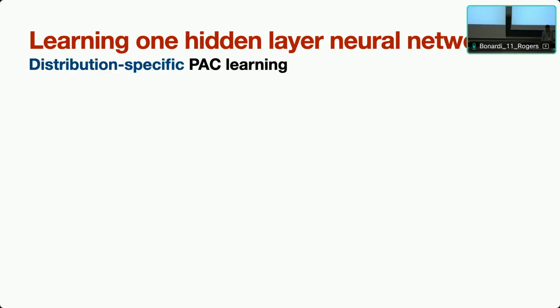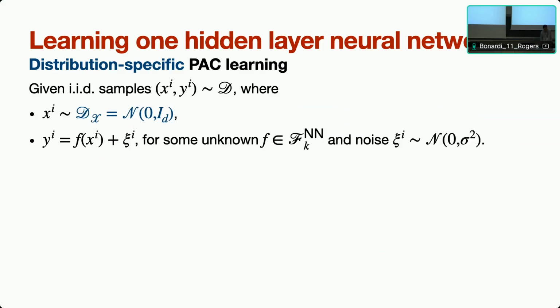And let me also formalize our learning model. We will be considering distribution-specific PAC learning. As in standard PAC learning, we have i.i.d. samples x_i and y_i from the data distribution D. But for the distribution-specific setting, you have your covariate x_i from a known distribution D_x, which we assume is standard normal.